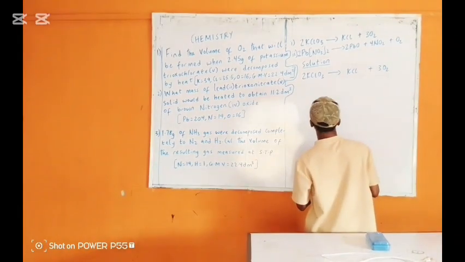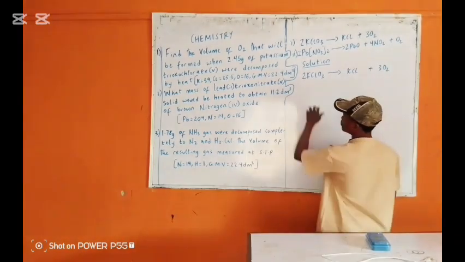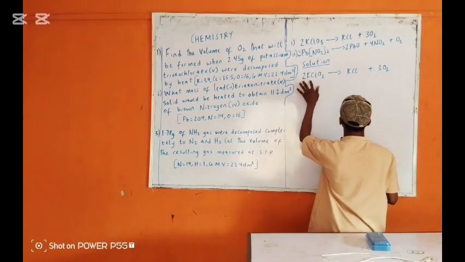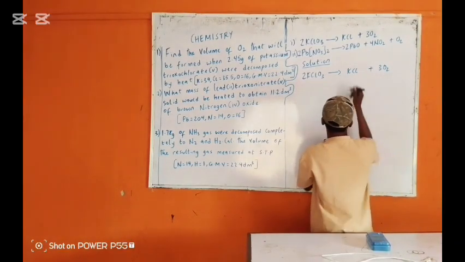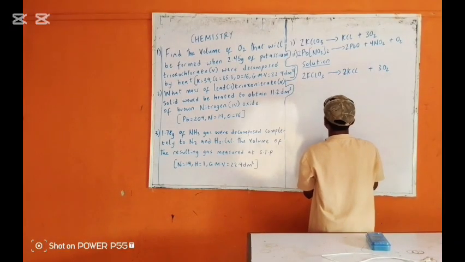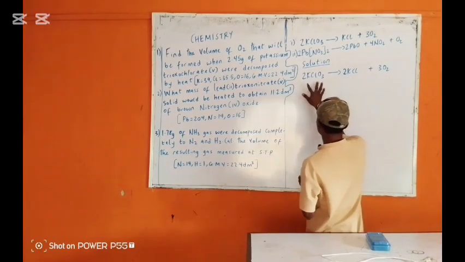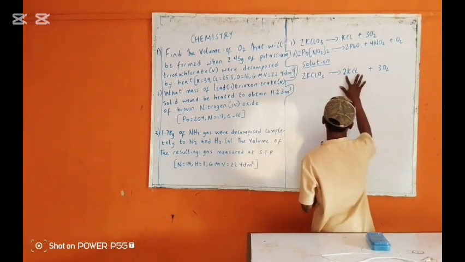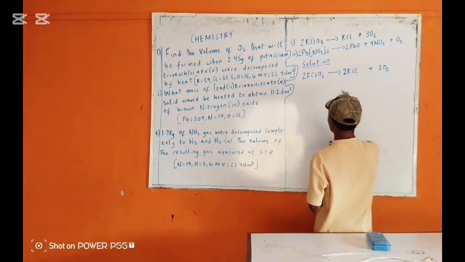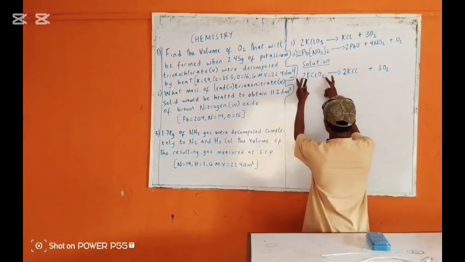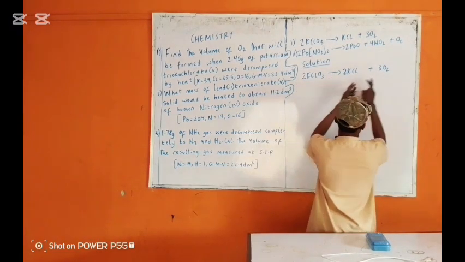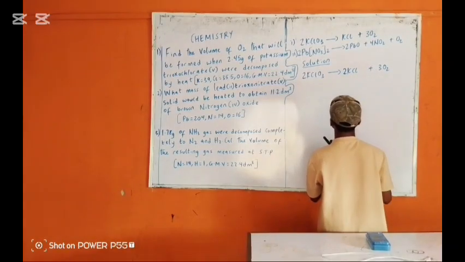So is it balanced? You have 2 potassium here, you have 1 potassium here, so I have 2 here. We have 2 potassium here, we have 2 potassium here. We have 2 chlorine, we have 2 chlorine. We have 6 oxygen, 2 times 3 is 6. And here also we have 6 oxygen.